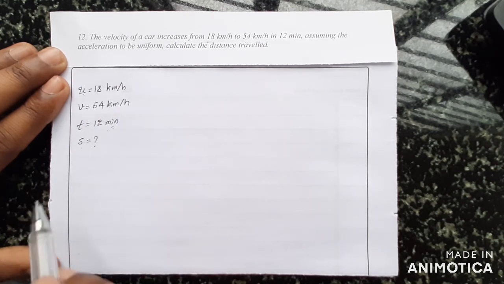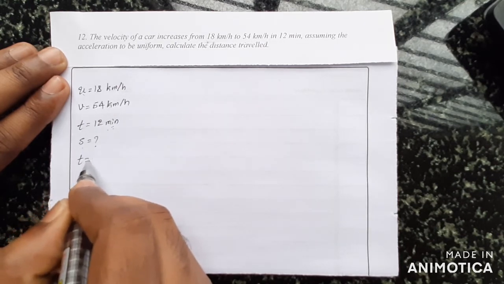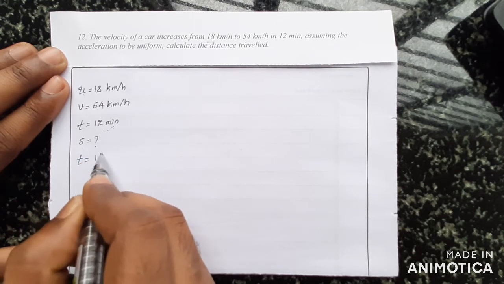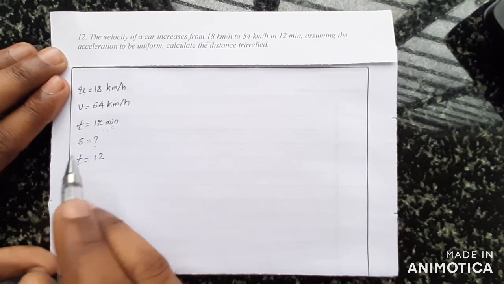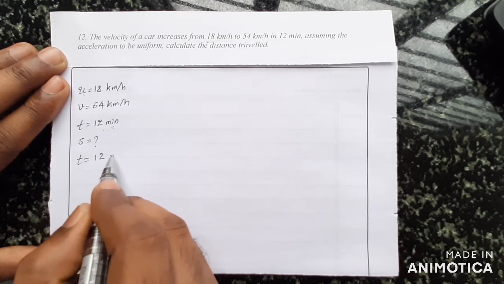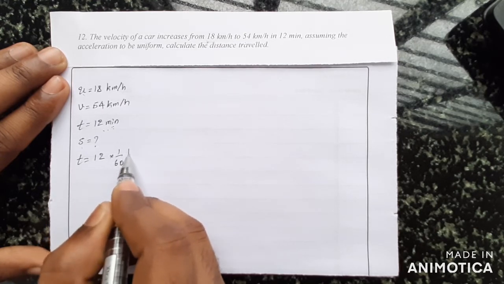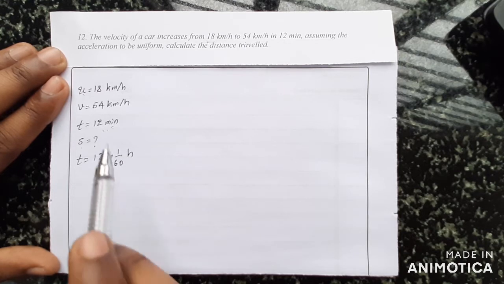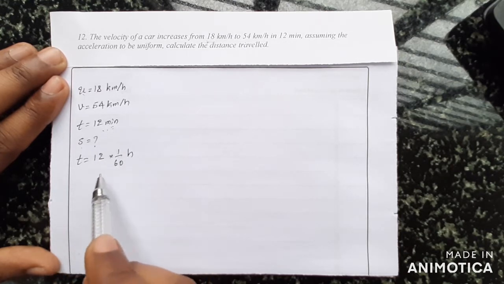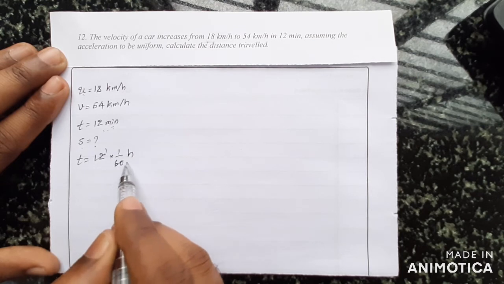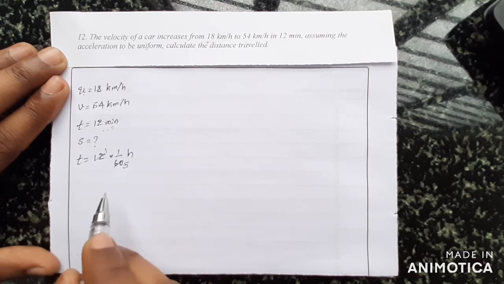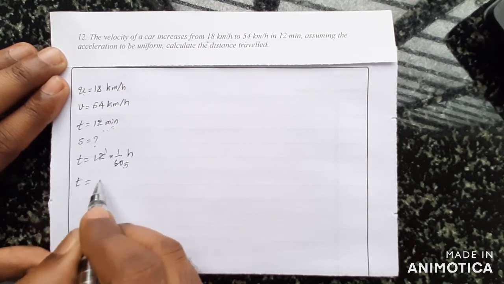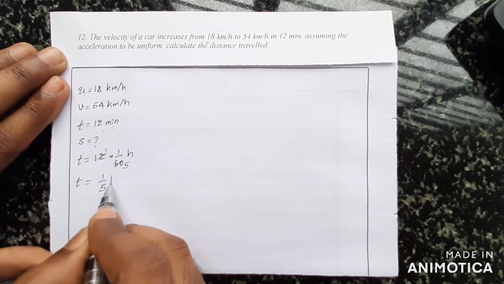So let me convert time itself into hour. What is the conversion factor for minute to hour? See, 1 minute is 1 by 60 hour, isn't it? Because 1 hour is 60 minutes. So 12 minutes is 12 by 60 hour, 12 ones are 12, 12 fives are 60. So time in hour is 1 by 5 hour.